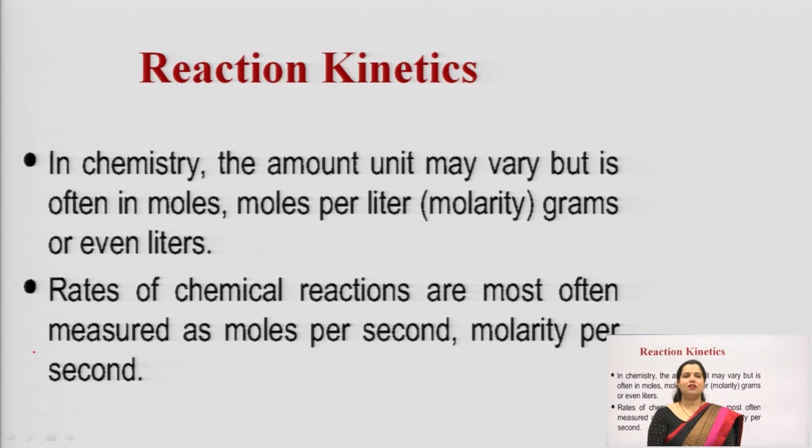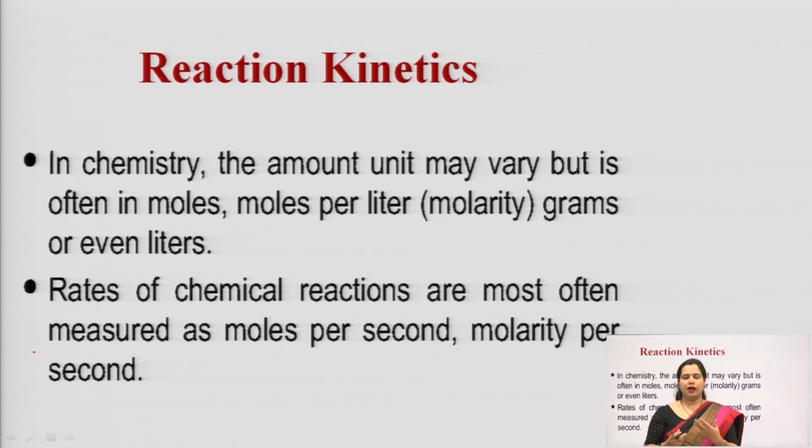So, basically in reaction kinetics in chemistry, the amount unit may vary, but it is often in moles. In our last lecture, you must remember that we talked about concentration in moles. In chemistry we usually analyze concentration in units like moles per liter, molarity, grams, or even liters.